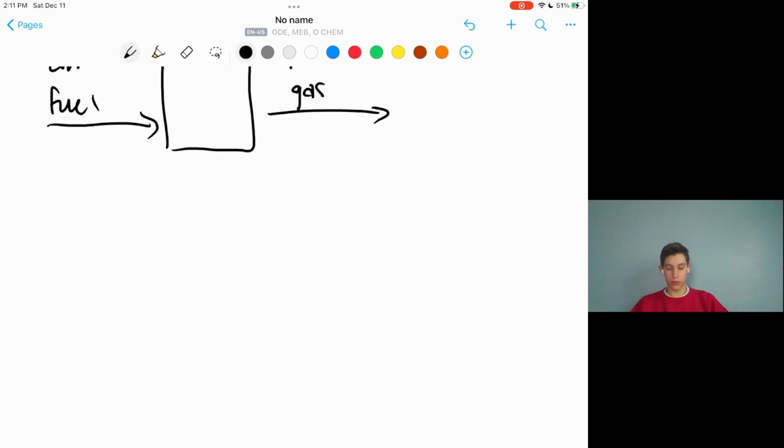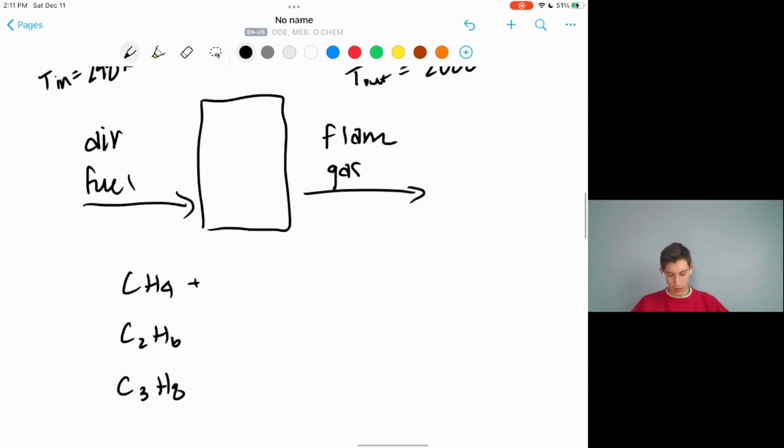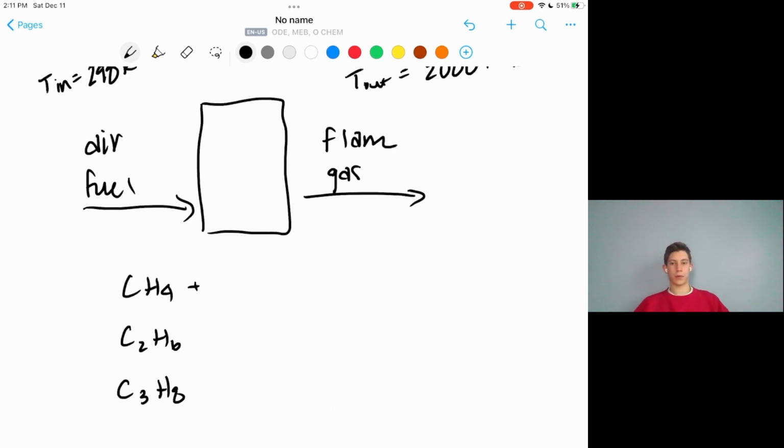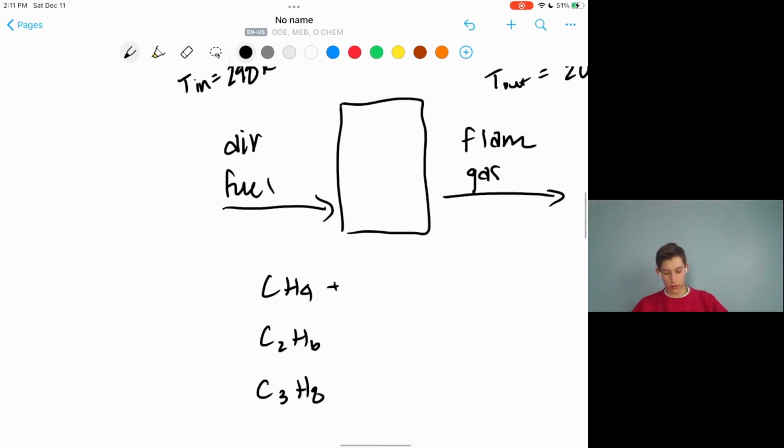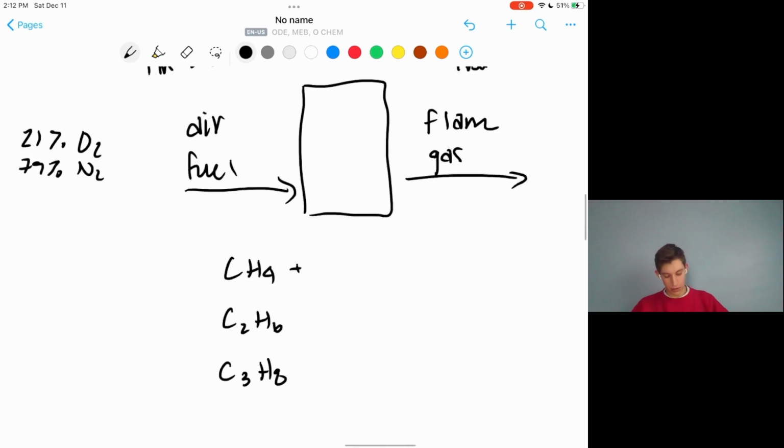So our fuel is going to be a mixture of methane, ethane, and propane. Methane is CH4, ethane is C2H6, and propane is C3H8. For the air, we're going to just use whatever's in the atmosphere, and that's comprised of only 21% oxygen and 79% nitrogen, with other trace elements that we are not going to worry about.